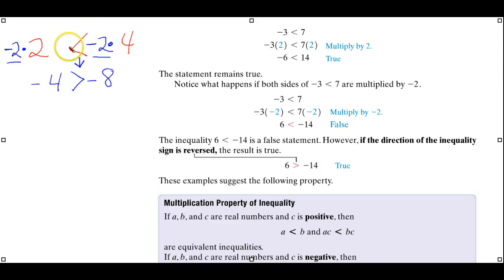It's going to go from less than to greater than. Put a little star in your notes. This is what they're describing here. So when you're multiplying one side, and then of course the other, by a negative, for whatever reason, you have to reverse the direction of the inequality sign to keep the statement true.